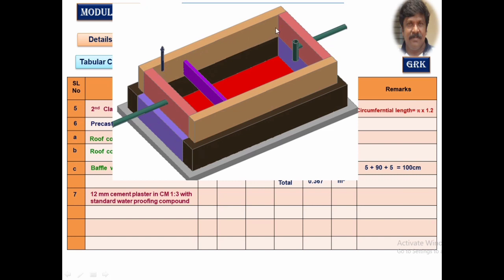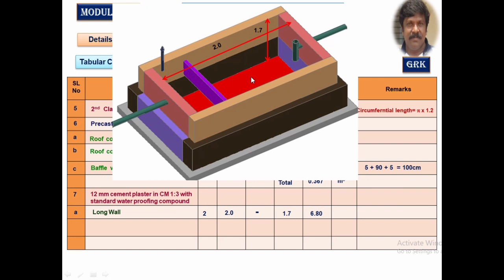The long wall is nothing but the internal dimension. It is 2 meters in length, and the depth of the section, internal dimension, is 1.7 meters. For the short wall it is 0.9 meters. So first let us estimate these 2 sides, inner side. Length is 2 meter, no breadth, only depth will be taken into consideration, so 1.7 meter.